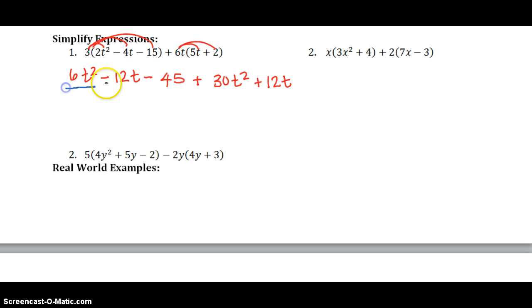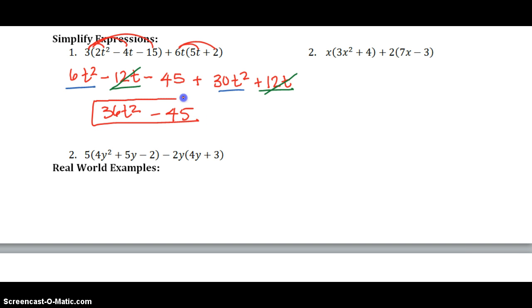So here's a t squared and a t squared, which will make 36t squared. Here's a t, a negative 12t, and a positive 12t, so actually those cancel each other out. And then we have a negative 45 with no other like terms to join it, and that's the simplified answer for number 1.